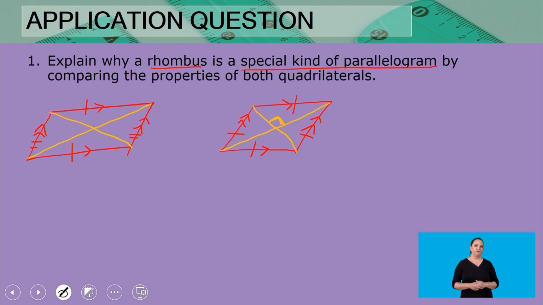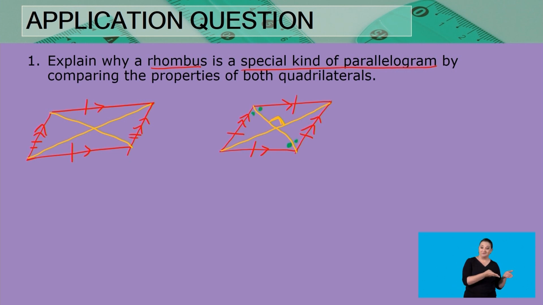The last property that makes a rhombus special is that the diagonals bisect those opposite angles. So those opposite angles are cut in half, they are bisected, they are divided into two equal parts, and that is only with a rhombus.